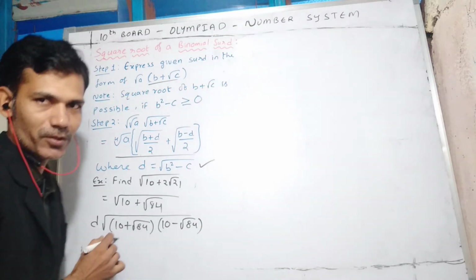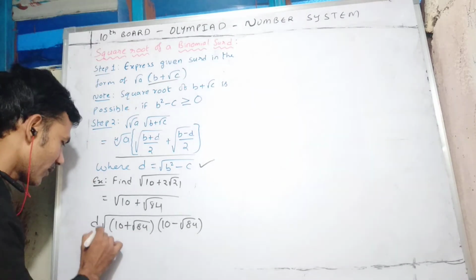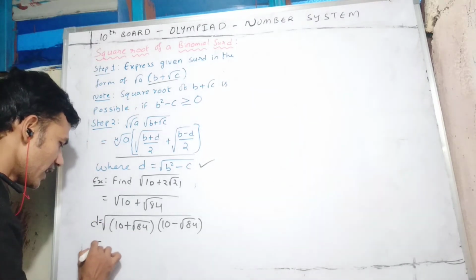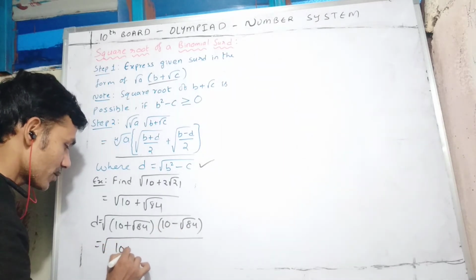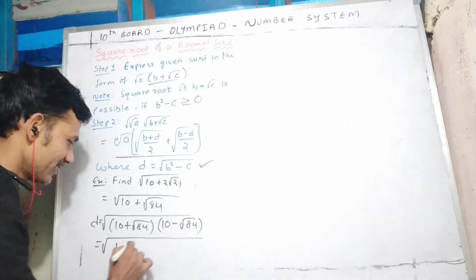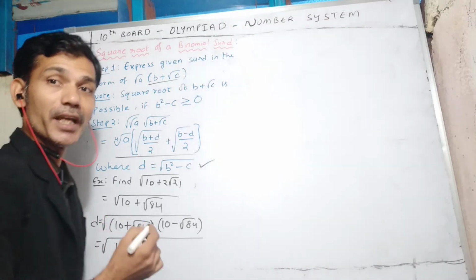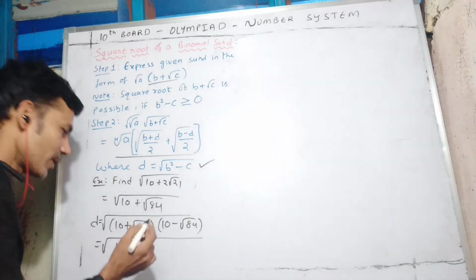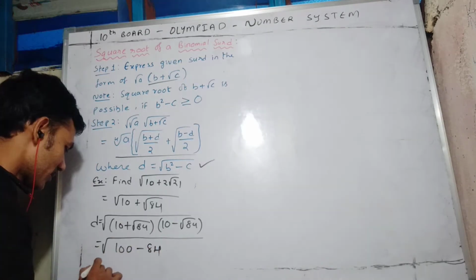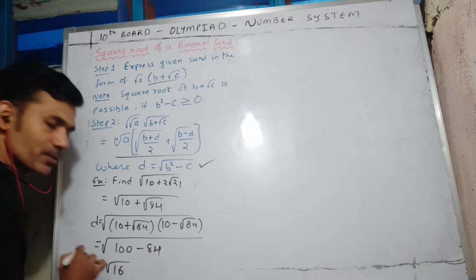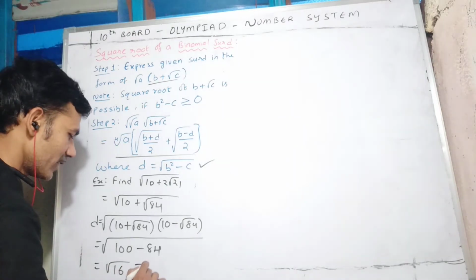Now it is in the form of a plus b into a minus b, so we can use the identity a square minus b square. That is 10 square, 100, minus root 84 whole square, 84. Now if you subtract, what are we going to get? Root 16. Therefore d value is 4.